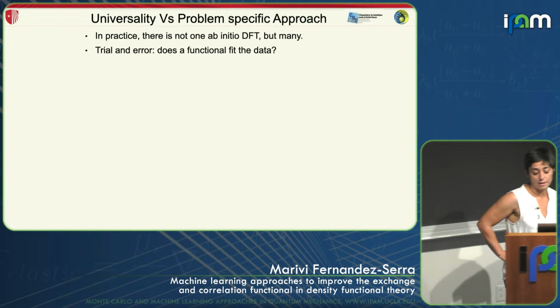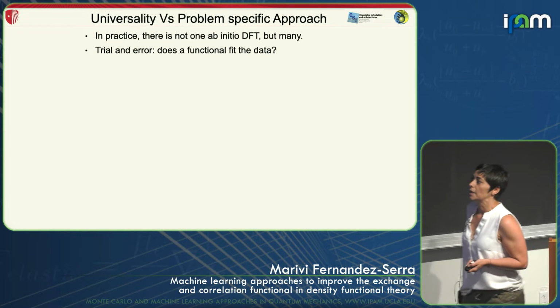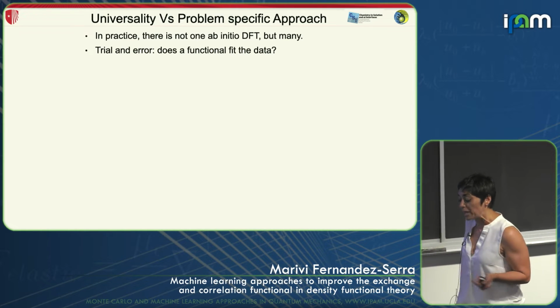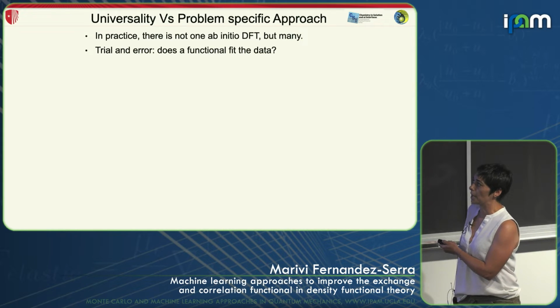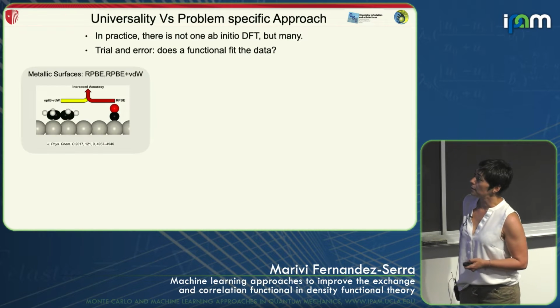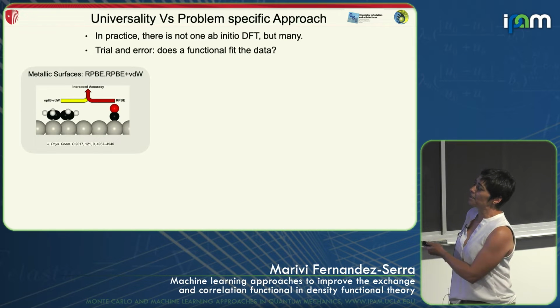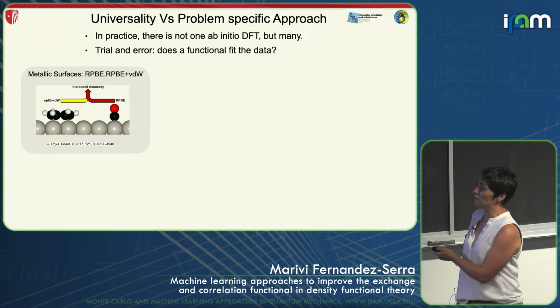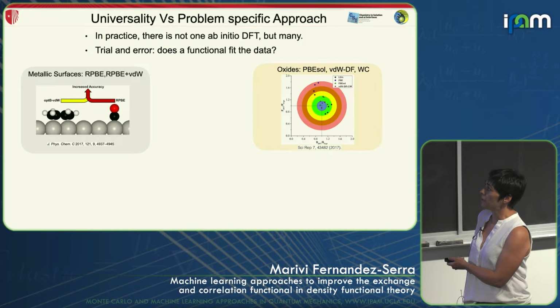And even though each one has their favorite choice, at the end of the day, when we actually make a choice, what we do is sort of play by trial and error. We look for the functional that better fits the data. And indeed, some of these alphabet names might be familiar to you, some others are not. And depending on the system you want to study, you will choose one or the other.